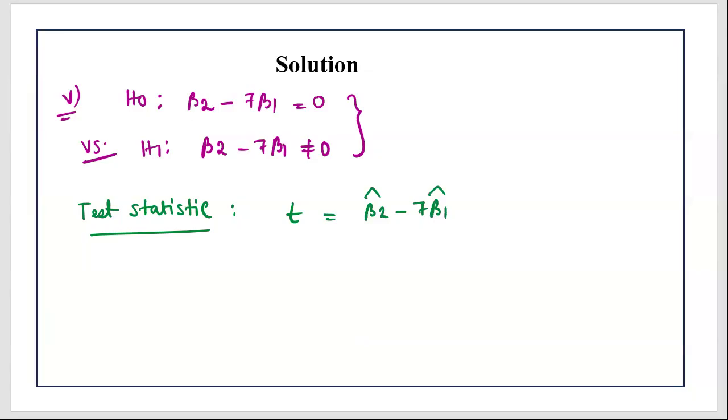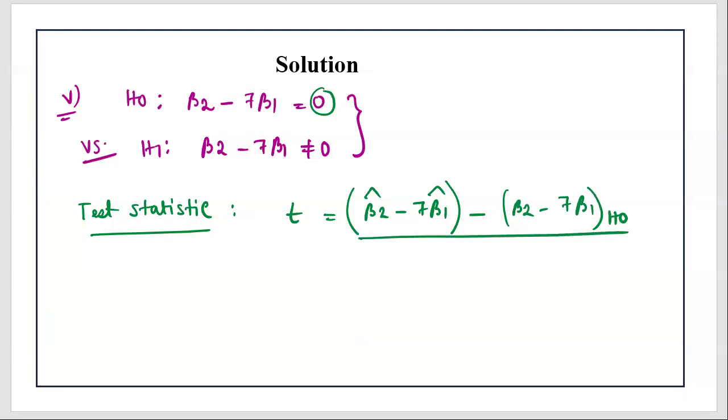This is the OLS estimated value, minus the value under H naught. Under H naught, the value is this. So this entire value under H naught, upon the standard error of beta 2 cap minus 7 beta 1 cap. So this will be the test statistic.